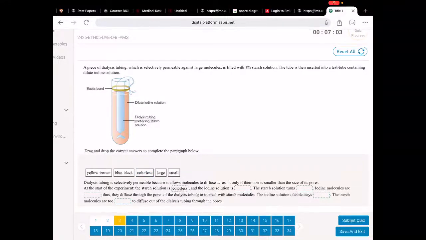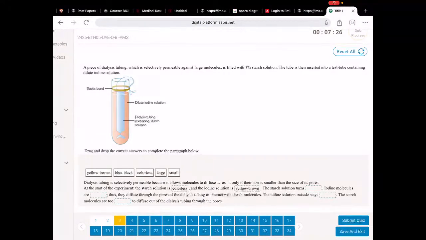And the iodine solution is going to be yellow brown, perfect. Because why is it yellow brown? Because that's the color of iodine.